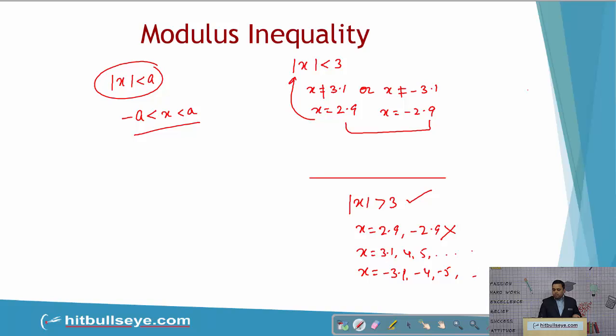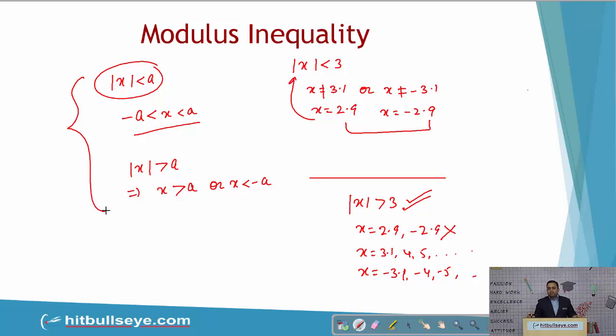So if mod x is greater than a, then the solution of this inequality will be either x greater than a or x less than minus a. These two are the basic results that we are going to use in the questions in the next slides.